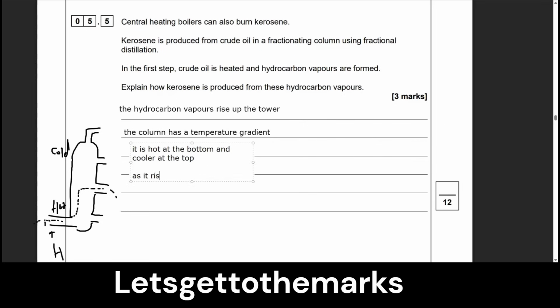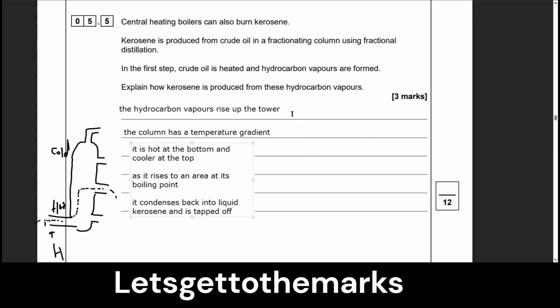As it rises to an area at its boiling point, it condenses back into liquid kerosene, and is tapped off or poured off. Okay.